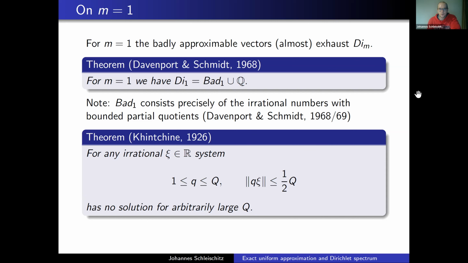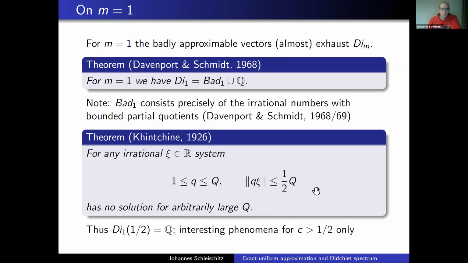For 1, of course, again, it's Dirichlet's theorem, but if you replace 1 by 1/2, then it will not work anymore for certain arbitrarily large Q. So in fact, in the notation from before, this DI of 1/2 is only Q, and everything else in what I will call the Dirichlet spectrum for one-dimensional will happen for C greater than 1/2.